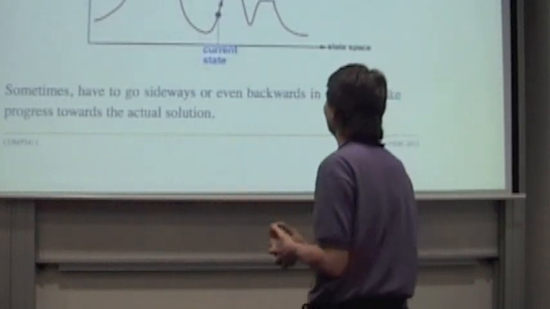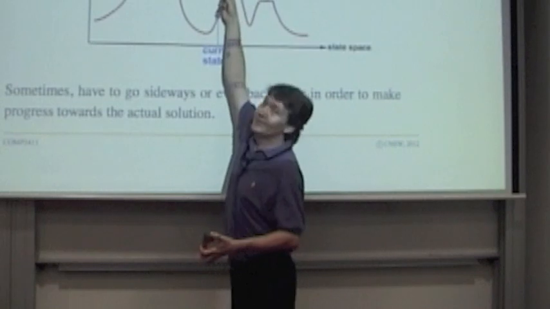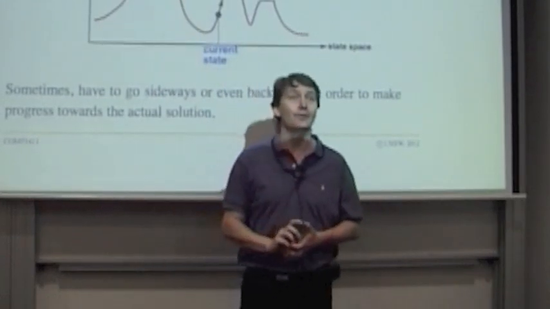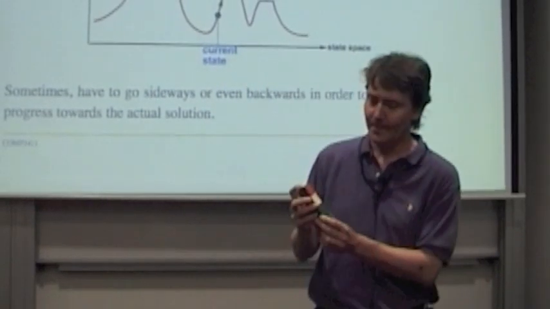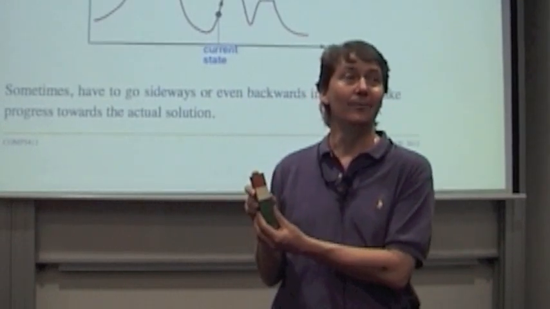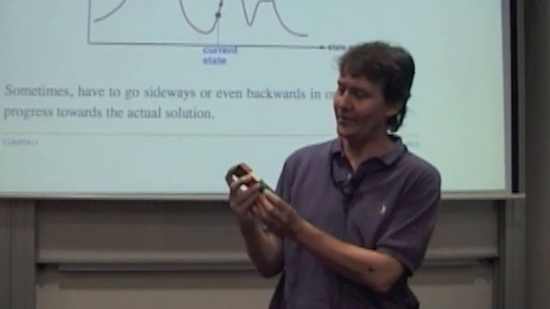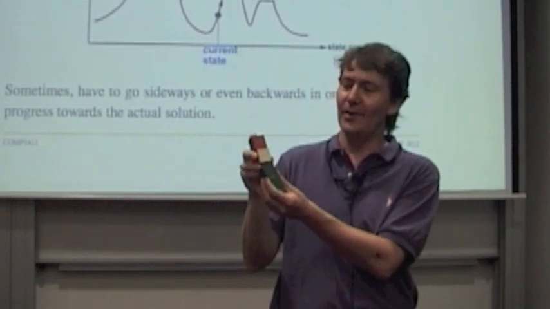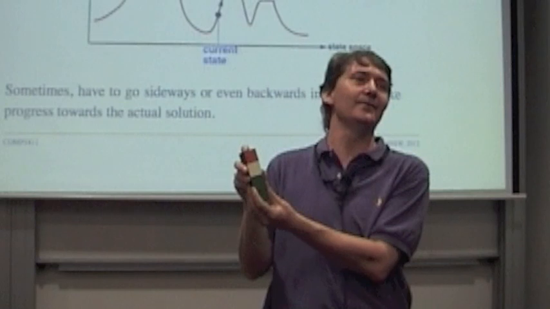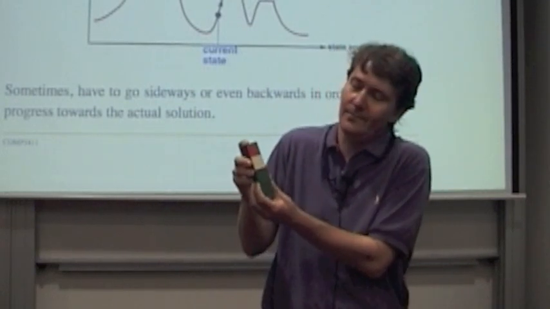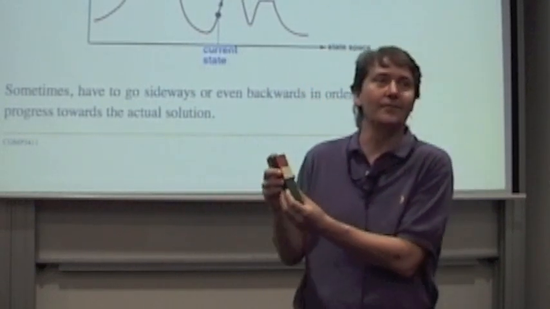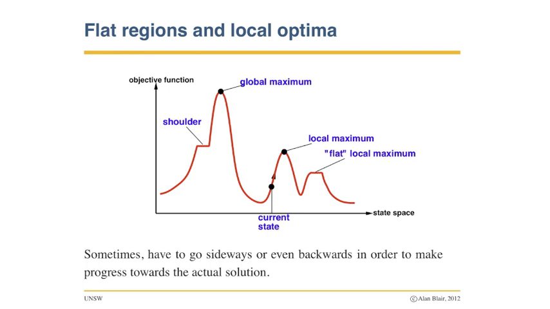So I'm stuck here in this local maximum, and I'm going to have to make my situation worse in order to get up to that global maximum, right? So this is a potential problem with this hill climbing search, that I would actually get stuck here. I try these combinations, and then there's nothing. So we want a variation of hill climbing that can get us out of these local maxima.